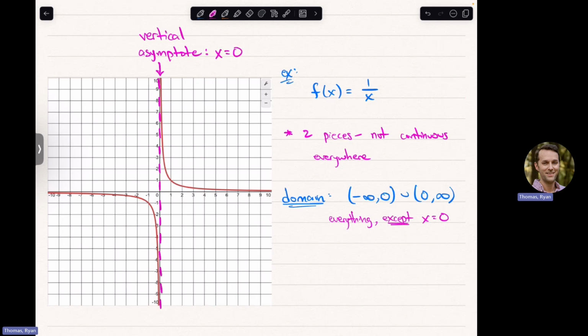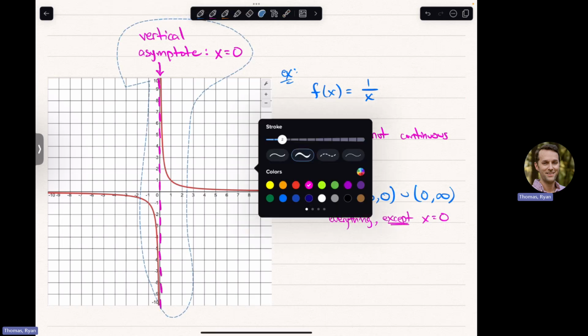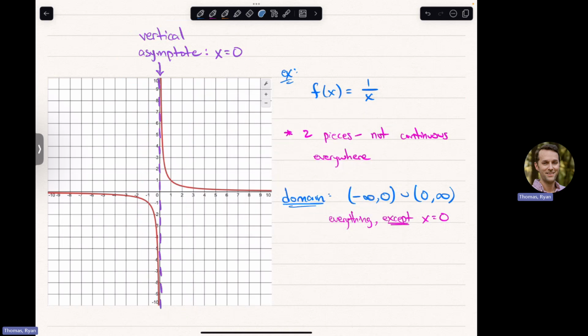So anytime you get that kind of behavior where you can imagine a line fitting in, it's not part of the graph, which is why I drew it in a different color, although maybe I can make it more different. There we go.